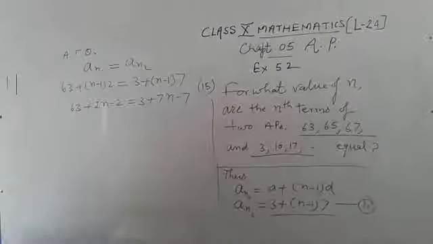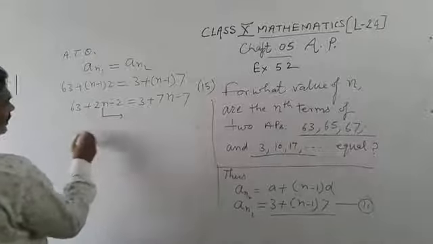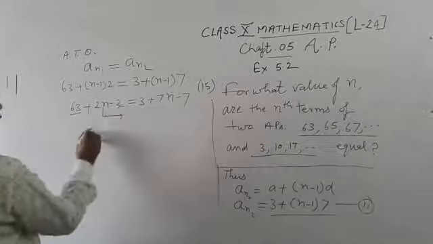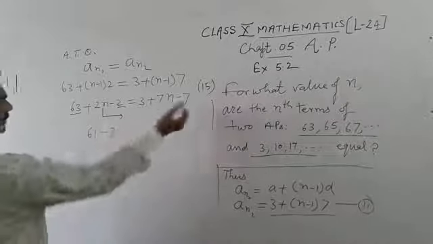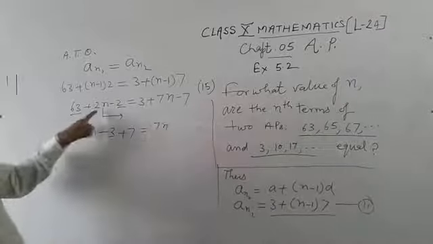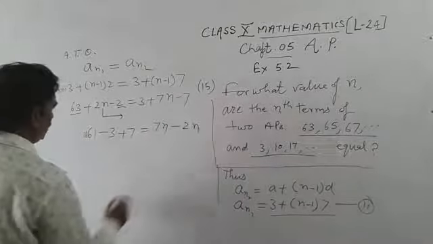Okay students, now we can transpose. Left to right: 63 minus 2, that is 61. 3 comes here as minus 3, and 7 also plus 7, is equal to the right hand side 7n, and 2n goes to the right hand side and becomes minus 2n.